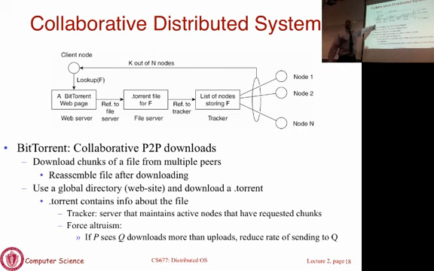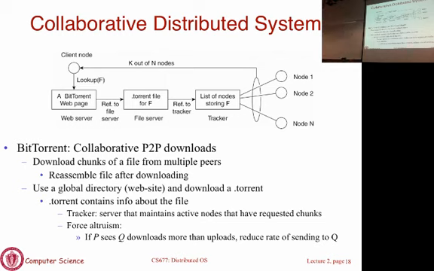There is a BitTorrent web page. There is something called a torrent file, which is essentially the index that says who has the file. There's something called a tracker that stores the torrent files and tracks which are the peers that have the content itself. The content is chunked and distributed across multiple nodes.